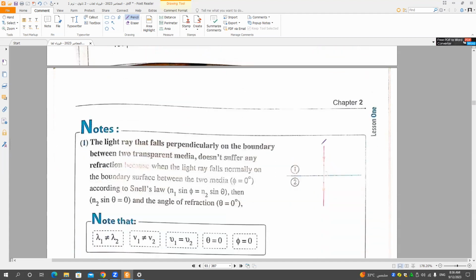What will happen when the light ray falls perpendicular to the separating surface between two different media? It will pass without any refraction. Why? Because the angle of incidence equals the angle of refraction equals 0.